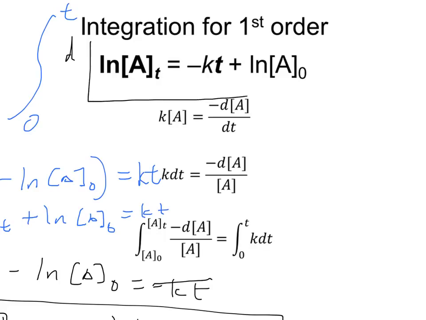What you guys need to remember is this. The relationship between concentration and time for a first order reaction is that the natural log of the concentration is equal to the opposite of the rate constant times time plus the natural log of your initial concentration.